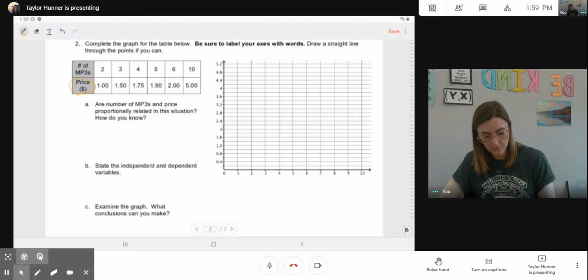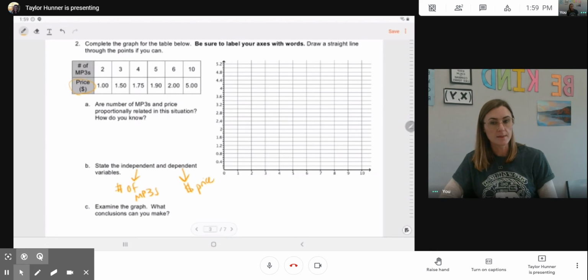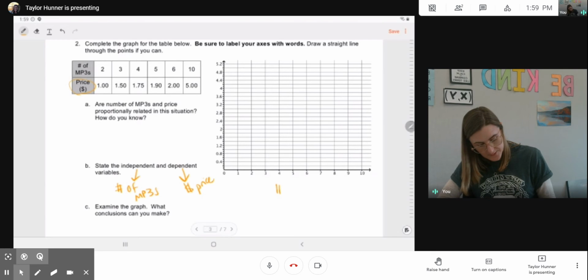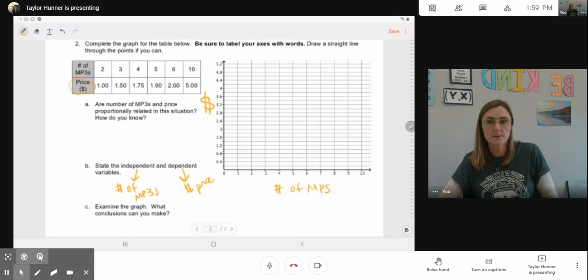So we can actually already answer B. The dependent variable is the price, and the independent variable is the number of MP3s. That means that the independent goes on the x-axis, number of MP3s, and the price goes on the y-axis.